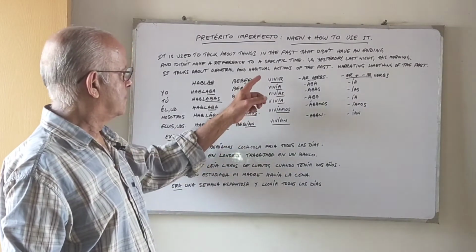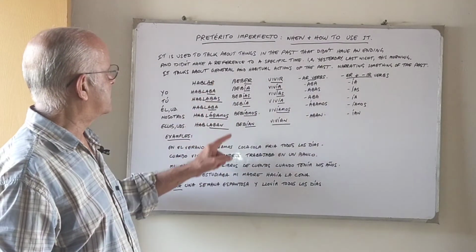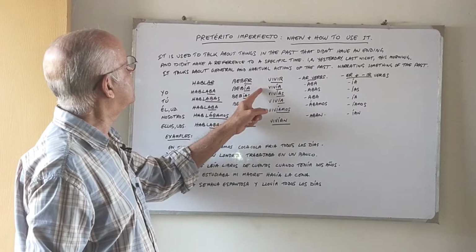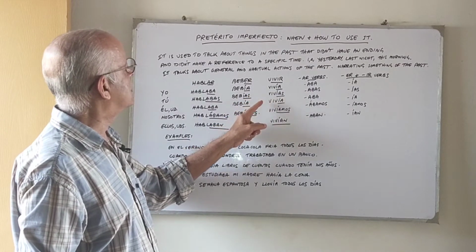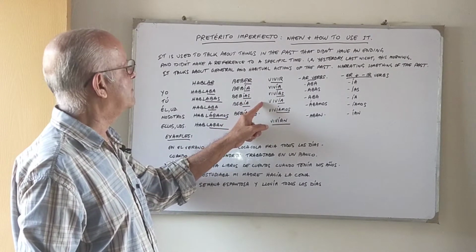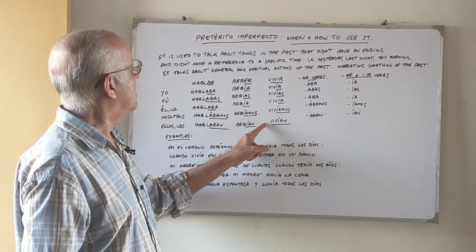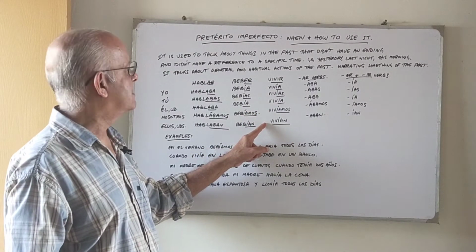IR verbs, for example vivir, follow the same pattern. We remove the IR and again we add for yo ía, tú ías, él, ella and usted ía, nosotros íamos, ellos, ellas and ustedes ían.